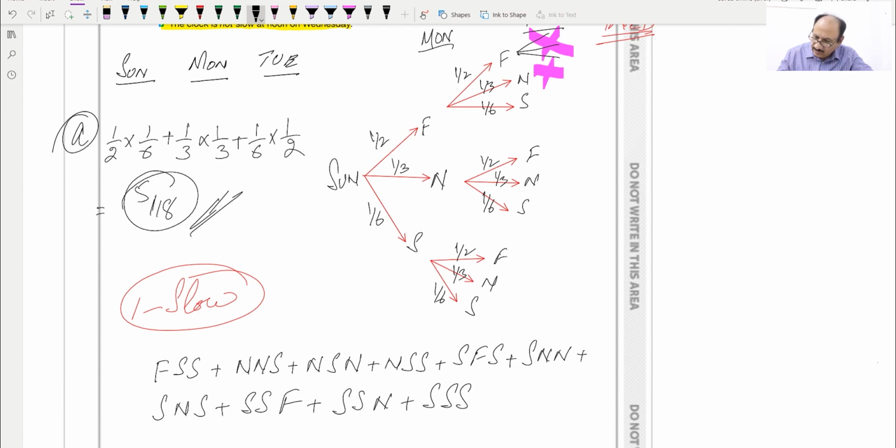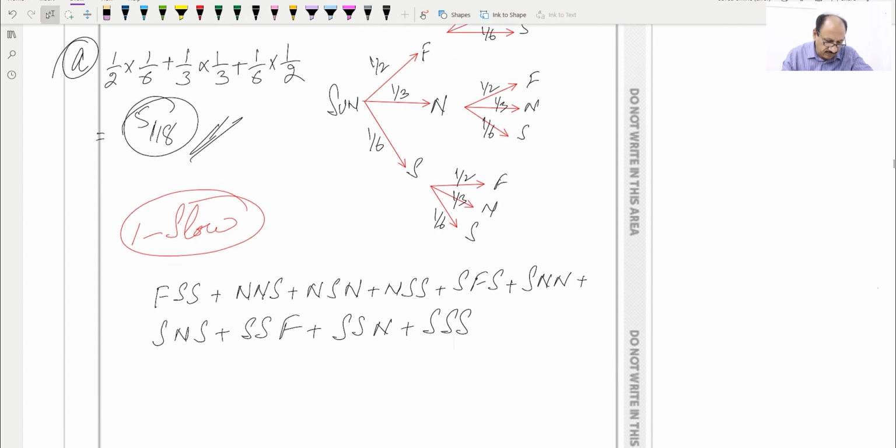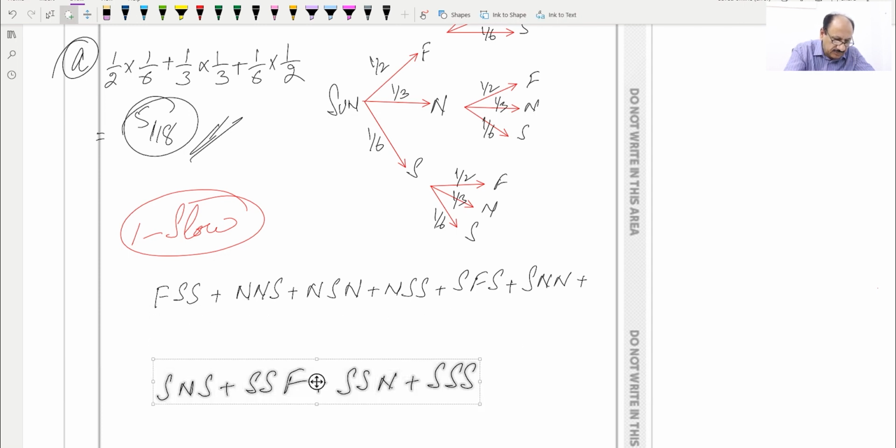And now we can write the probabilities for all of these. What I will do, I will make a gap and write the probabilities in between these. This one we can write as fast will be 1 by 2, so 1 by 2 into 1 by 3. This will be slow, will be 1 by 6, sorry. So this will be slow, it will be 1 by 6 into 1 by 6.